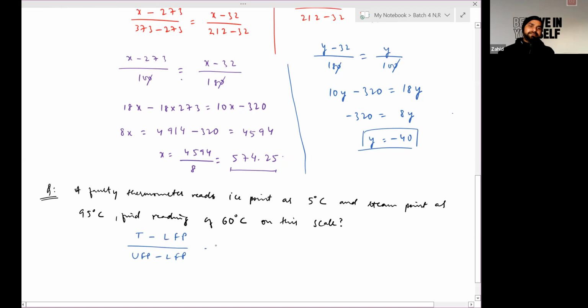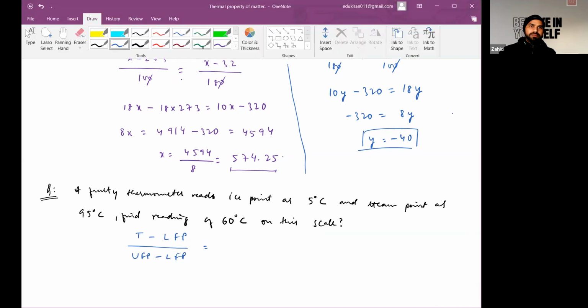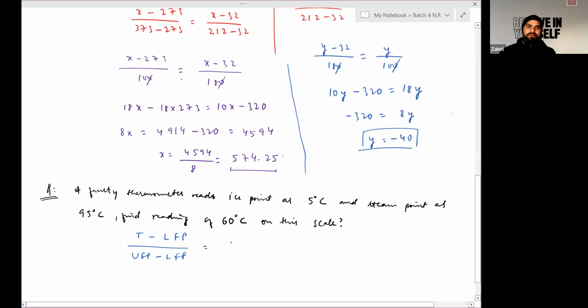So in terms of the faulty thermometer, just take F. Lower fixed point is 5 and upper fixed point is 95. In terms of Celsius, (C minus 0) over (100 minus 0). C is given as 60 degrees Celsius, so we have to find the value of F. Just equate these two terms, put the value of C as 60 degrees and find F. Try to solve.